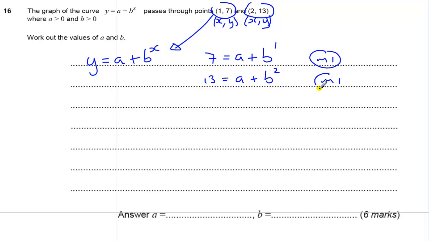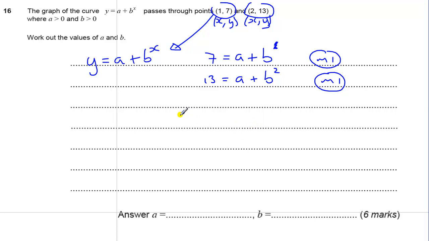Another method mark. So 2 marks gained there for just substituting some values in. If we do nothing else, there's 2 marks. This one doesn't really matter because b to the power of 1 is just b.